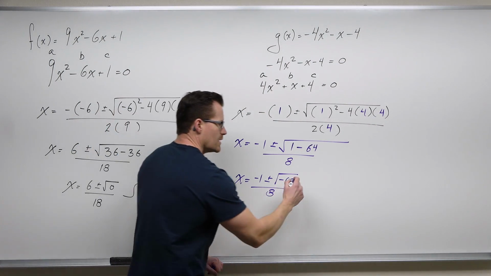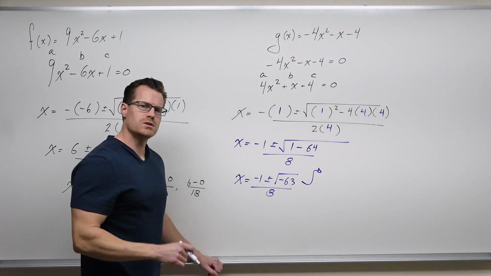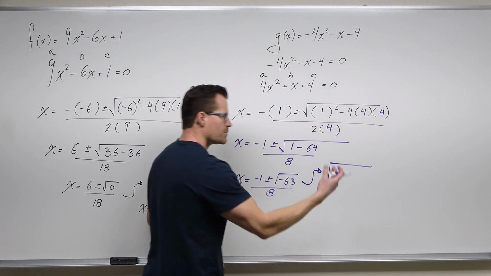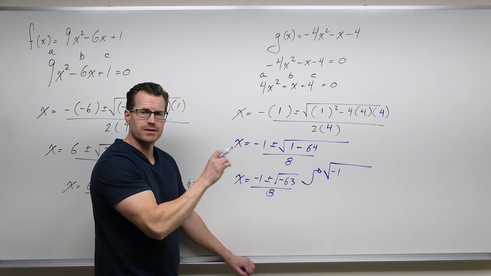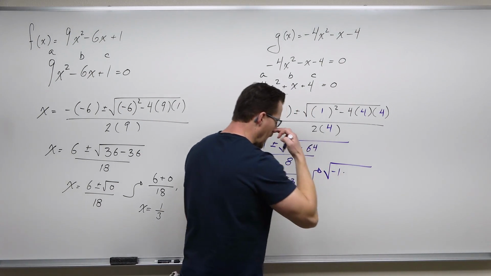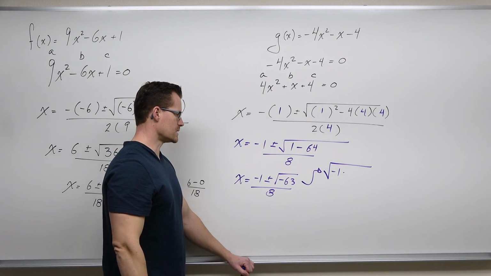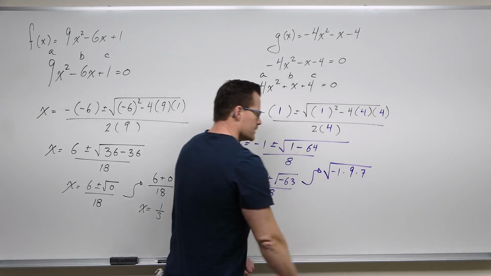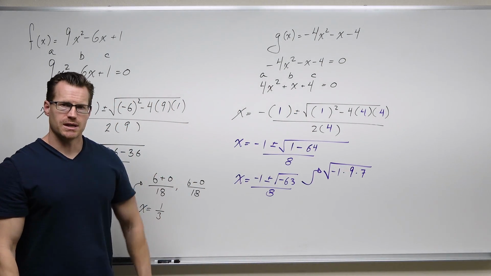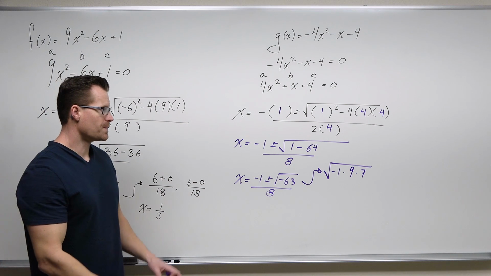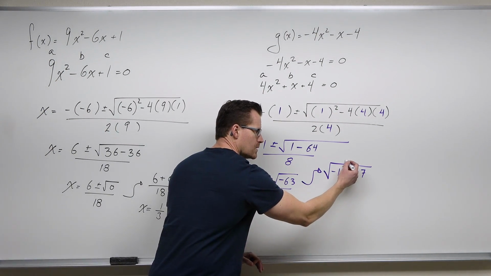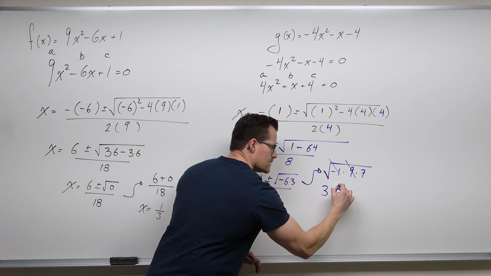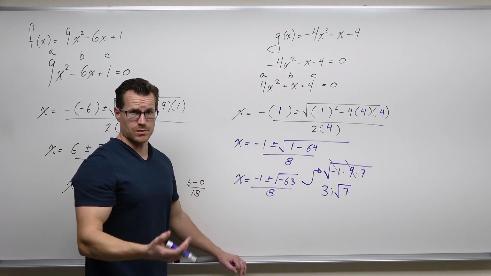What we do need to do, if you're asked for complex solutions, we do need to simplify it. So we're going to think about this. We're going to pull out that -1 because that's the value that gives us i, times, let's see here. 9 is the largest number that we can take a square root of that divides 63. And so this is going to give us square root of 9 is 3. Square root of -1 is i. Square root of 7 is the square root of 7.